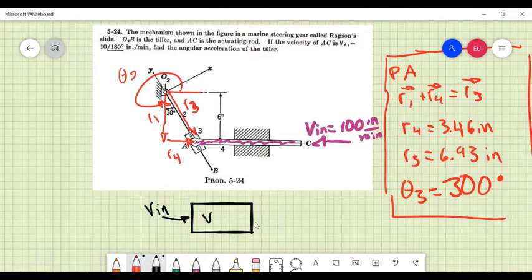And here I have the velocity analysis. What do you think is the output if this is the input? The angular velocity of R3. So the angular velocity of link 3, what else? Who said that? Me.